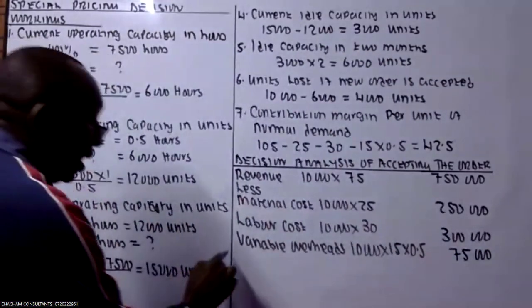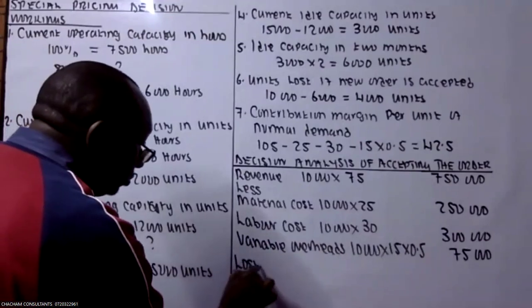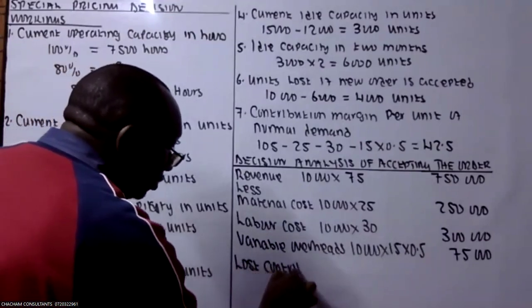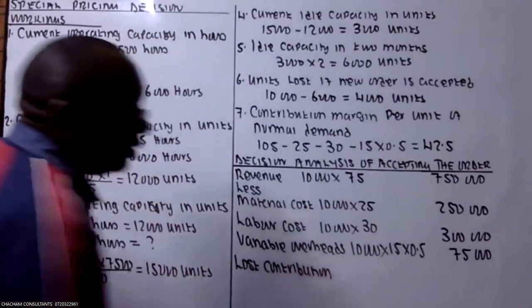Then you must factor in lost contribution. This is what we call the opportunity cost.